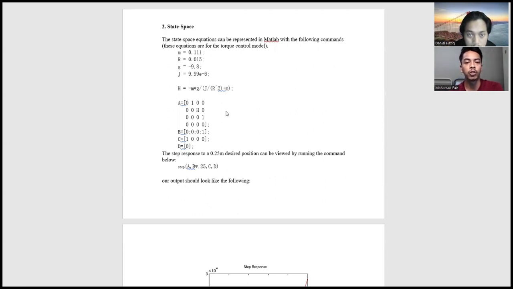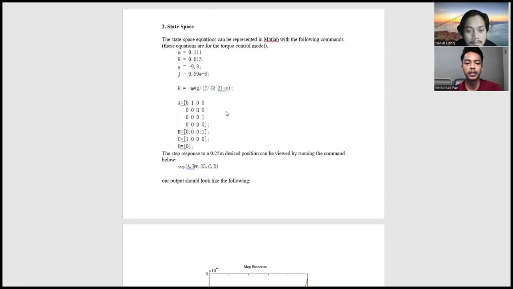M equal to 0.111, and capital R equal to 0.015, G negative 9.8, and J 9.99 exponent negative 6, and for the H, the formula is negative M times G over J over R squared plus M. And these are the following matrices for A, B, C, and D.